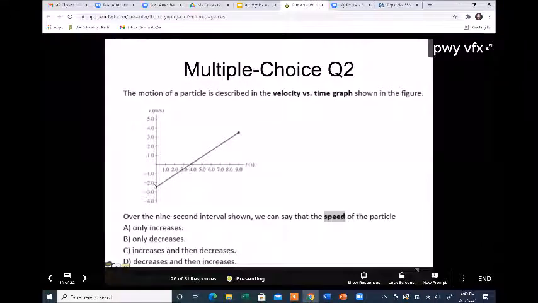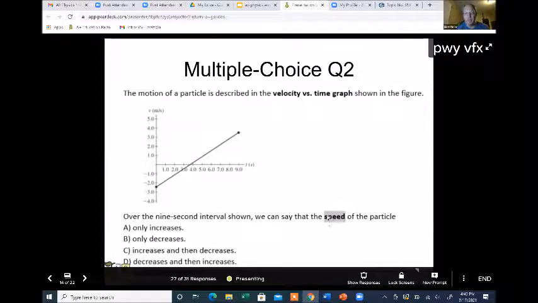Decreasing. It slows down to 0 right here at the x-axis. And then once we get to the x-axis, the speed starts to go back up again. So the speed goes from a high value to 0, and then it goes from 0 to a positive value.